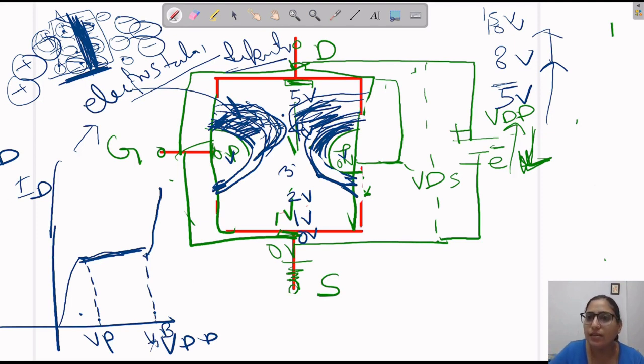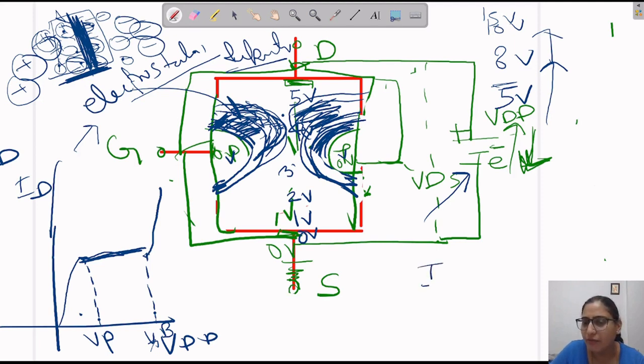In this case, we consider first the case where the VGS potential is 0 volt and we are increasing VDD. What is happening? The channel width changes according to the applied voltage, and due to this the ID current will change.